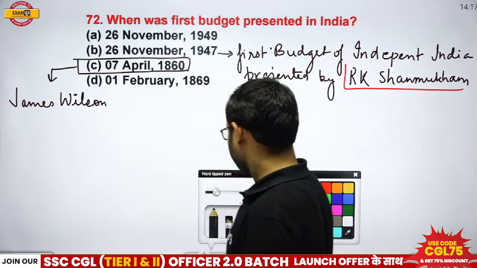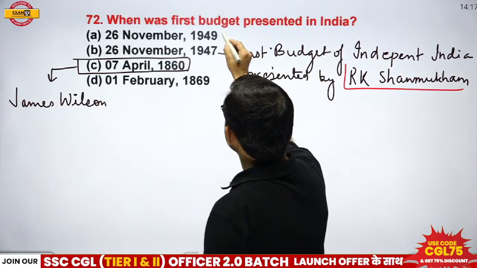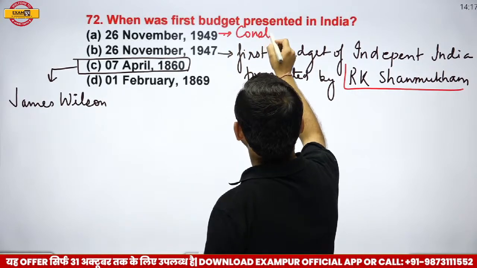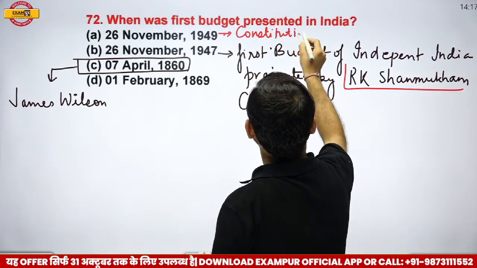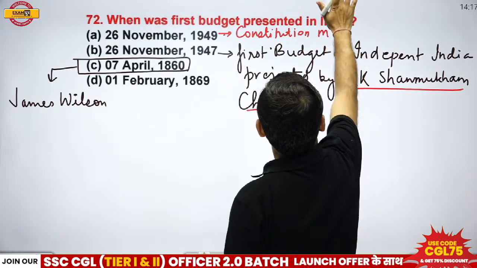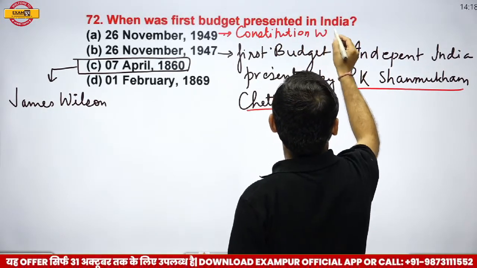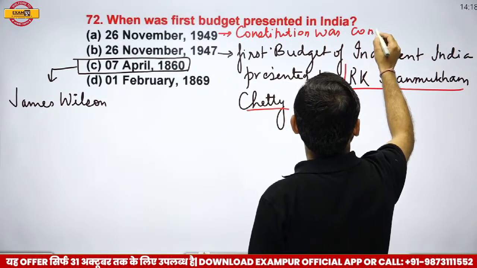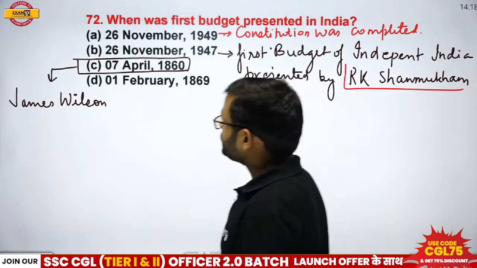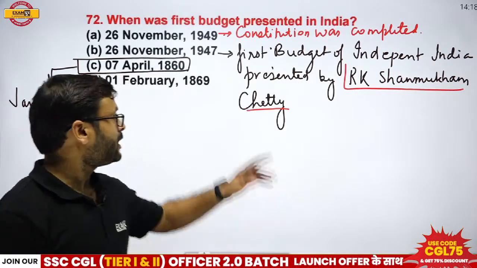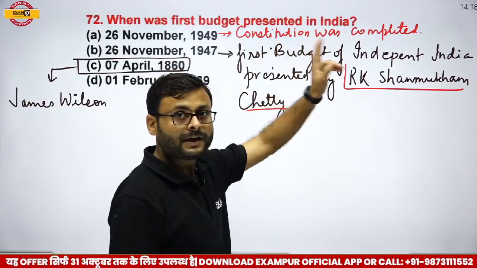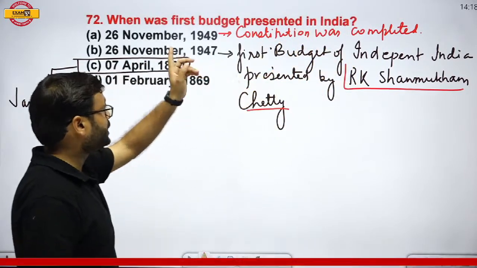And when we talk about the 26th November 1949, it is the date on which the Constitution of India was completed and adopted by the government.